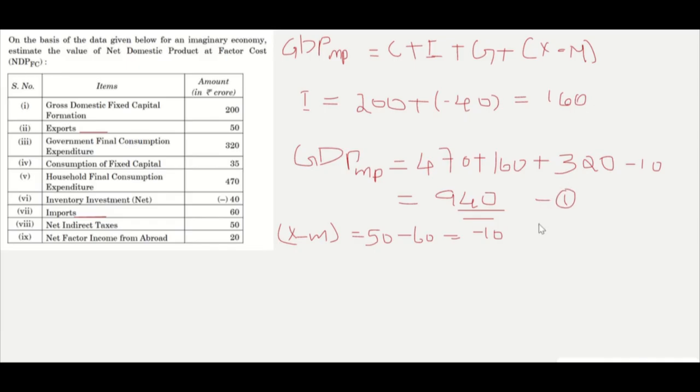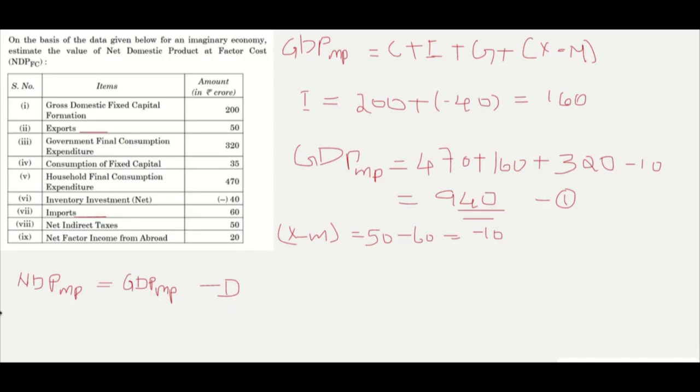Now we have to convert the GDP at the market price to NDP at the market price. How can we convert it? It's very easy. You just have to minus the depreciation from the GDP at the market price value. So NDP at the market price is equal to GDP at the market price minus depreciation.